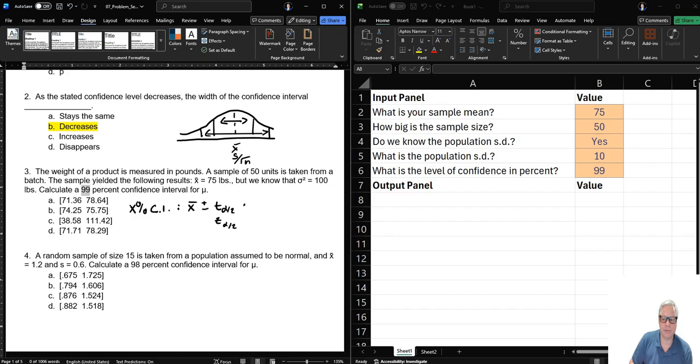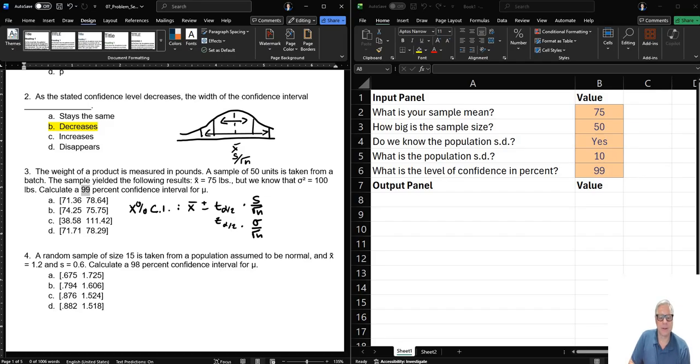Well, when we have to work with the t, we know the sample standard deviation over the square root of n, but when we can work with the z, we know the population standard deviation sigma.